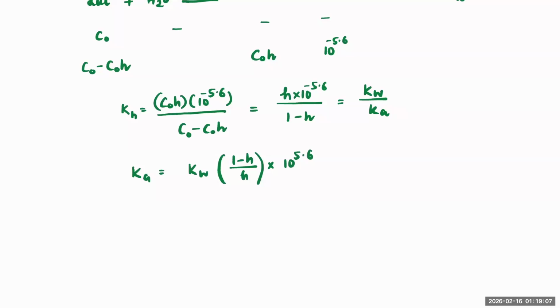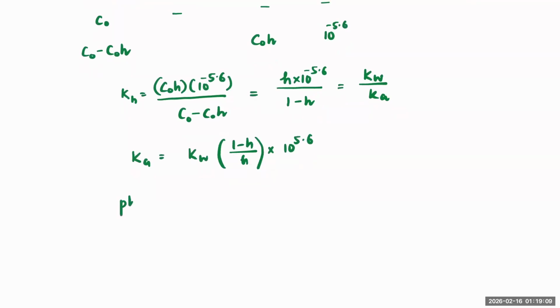Correct? Now if I take the pK value, pK is equal to pKw minus log of 1 minus h by h minus log of 10 raised to power of 5.6.